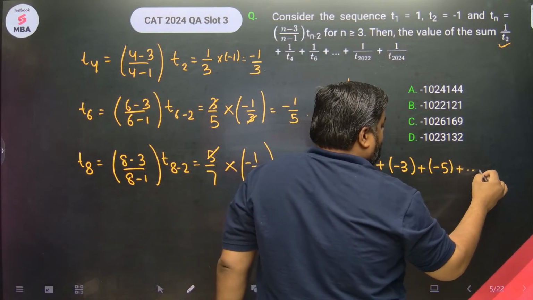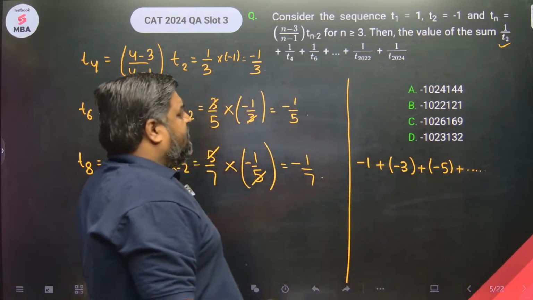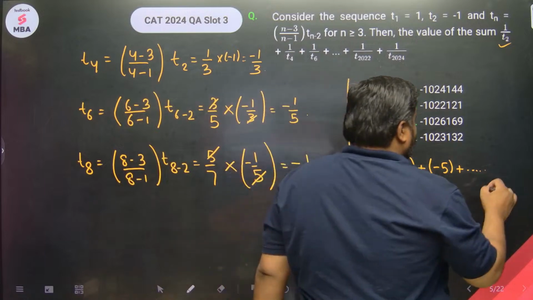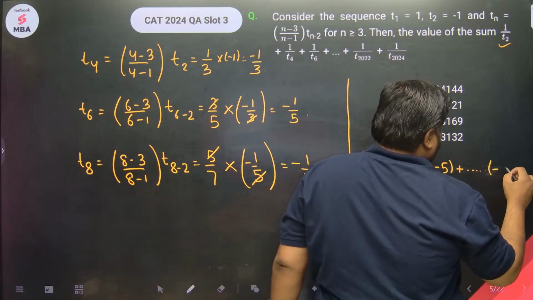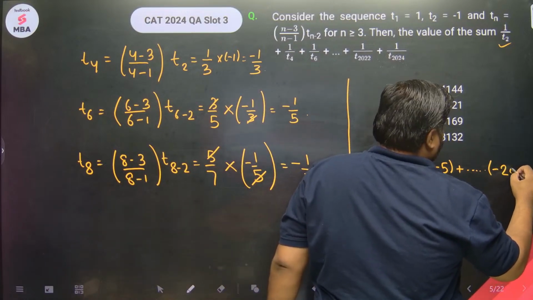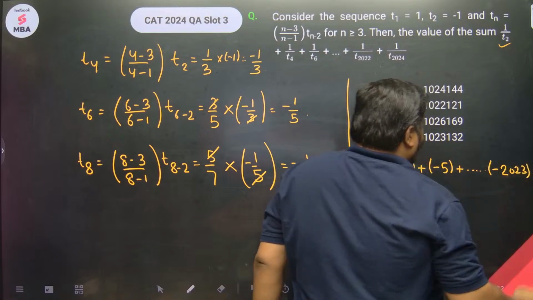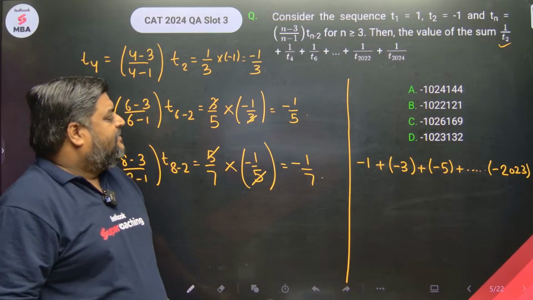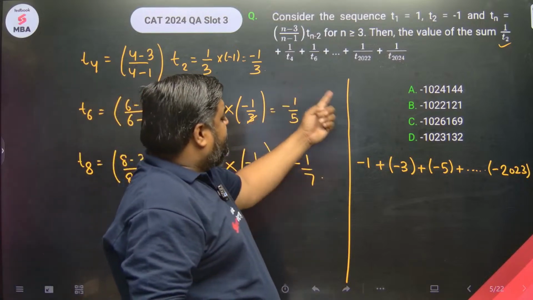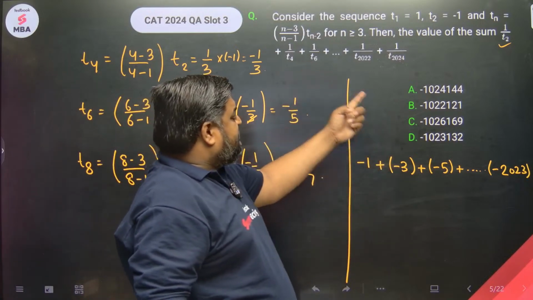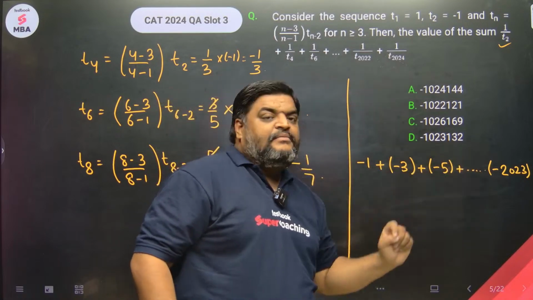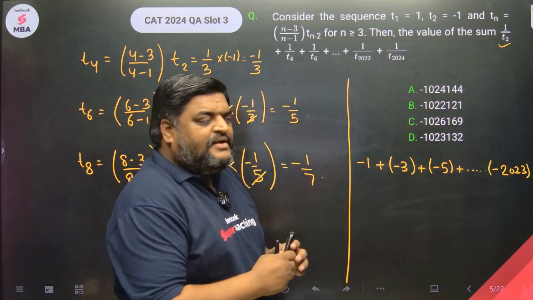And so on. Yes or no? Yes, sir. कहां तक जाएगा? This would be minus 2023. Yes or no? Yes, sir. 1 by T4 is minus 3, 1 by T6 is minus 5. So 1 by T2024 would be minus 2023.